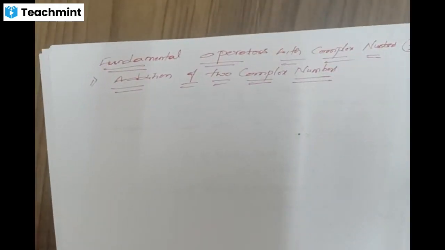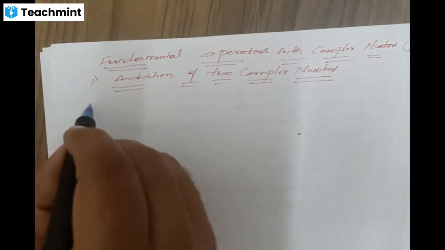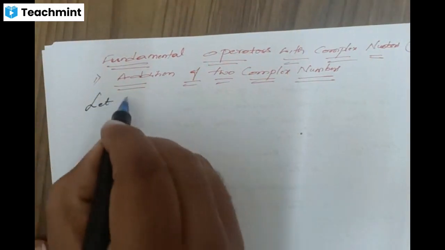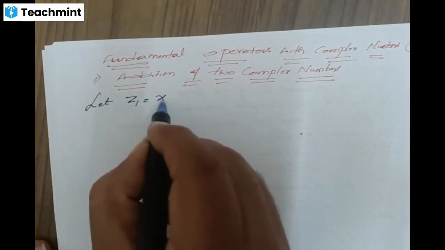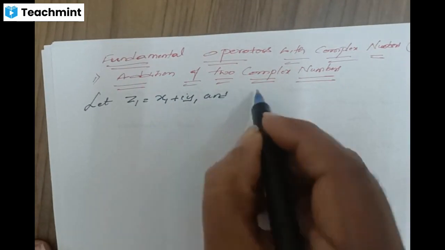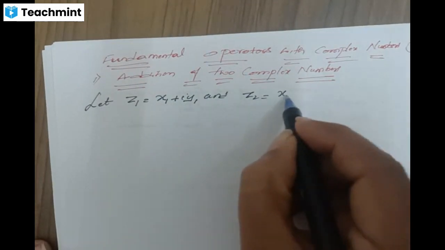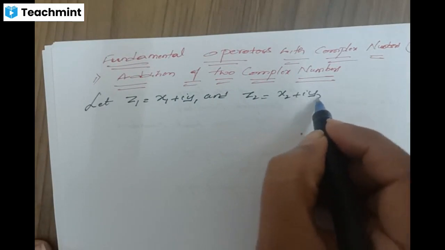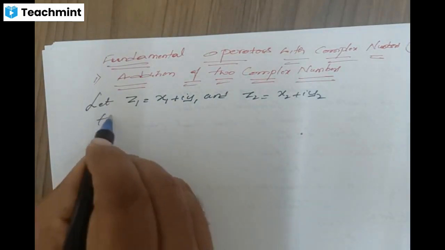So first I will write, let z1 is equal to x1 plus i y1, and z2 is equal to x2 plus i into y2.